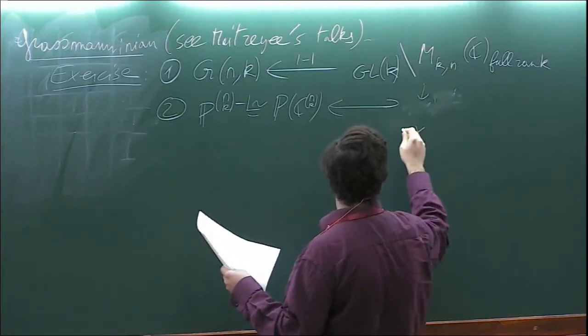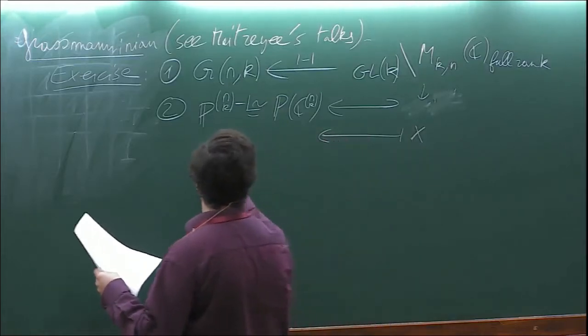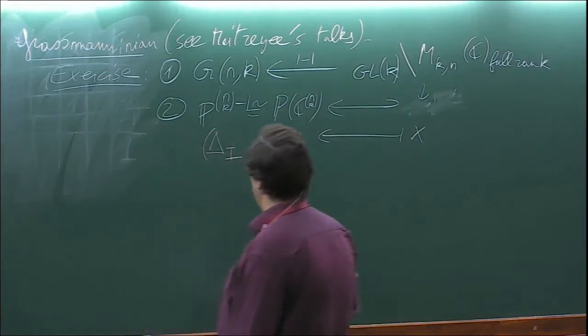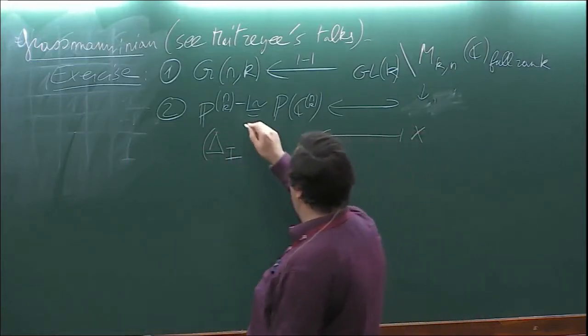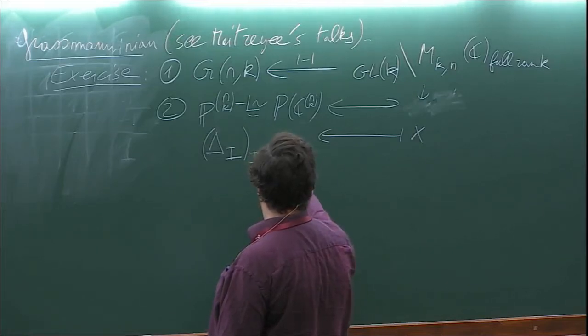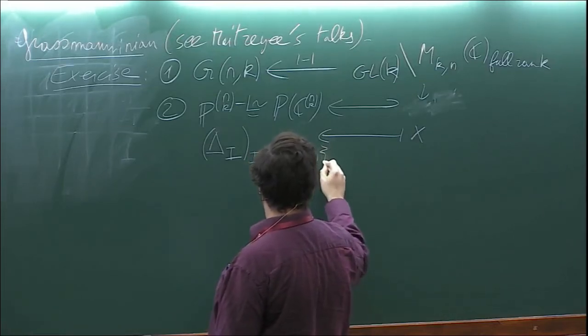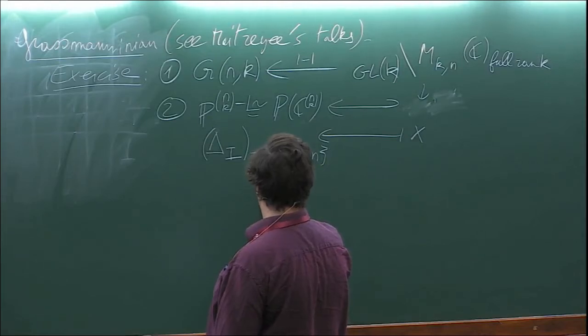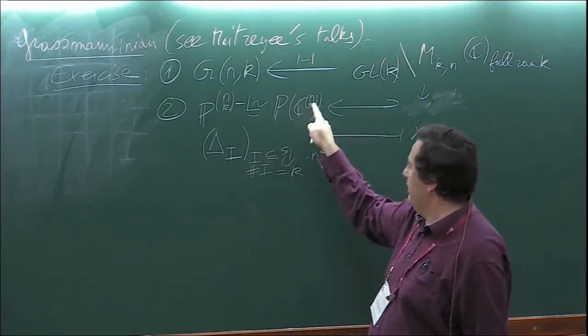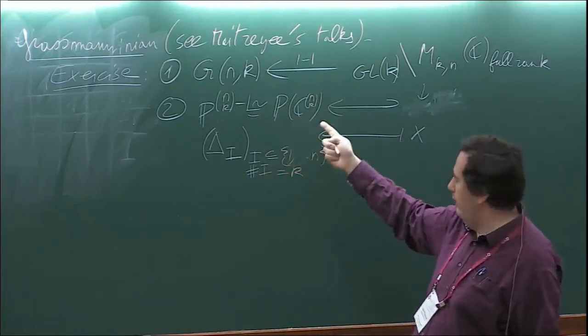If I take a matrix X, I map it to the family of maximal minors. So I is just a subset of 1 up to n of cardinal k. So this thing is really nothing but n choose k.